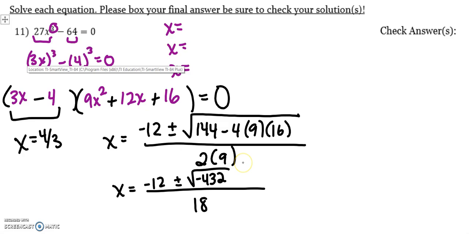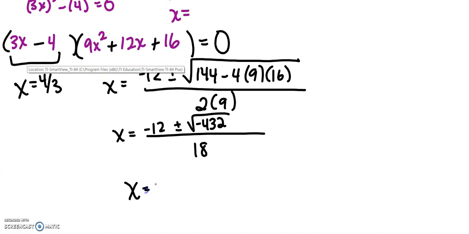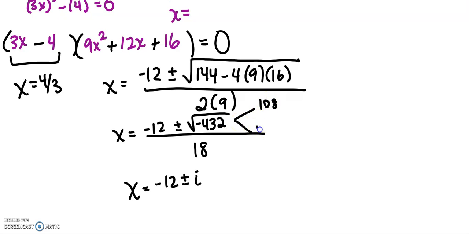All right, well, I know an i is going to come out of there. So x equals negative 12 plus or minus i square root of 432. If I break that down out of 4, it's going to be 108. But then 108 can break down even further to be 9 and 12, and then 12 can break down further into 4 and 3.